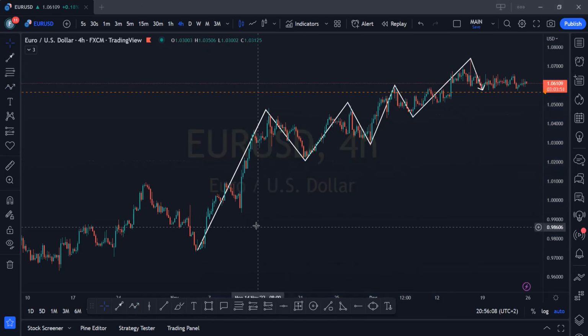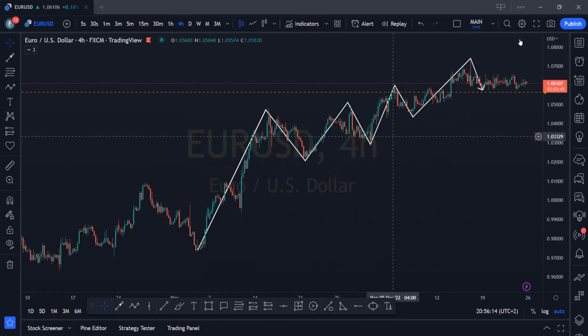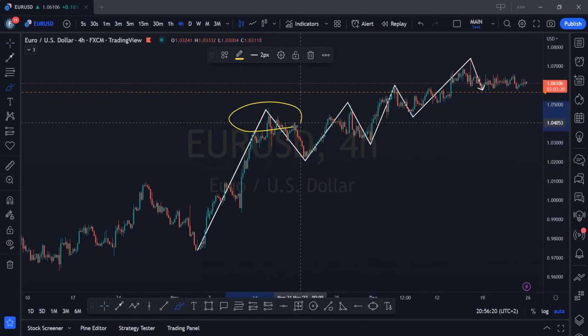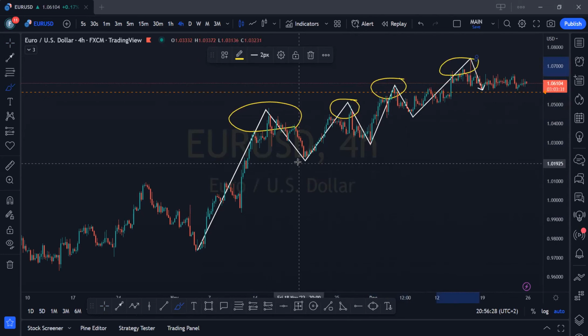All right, so you're looking for buy opportunities in an uptrend. So it is safer to look for buys in an uptrend. Not that you cannot find a sell setup, but it is very, very risky. It is riskier to look for sells. You are safer, okay, in looking for buys in an uptrend.